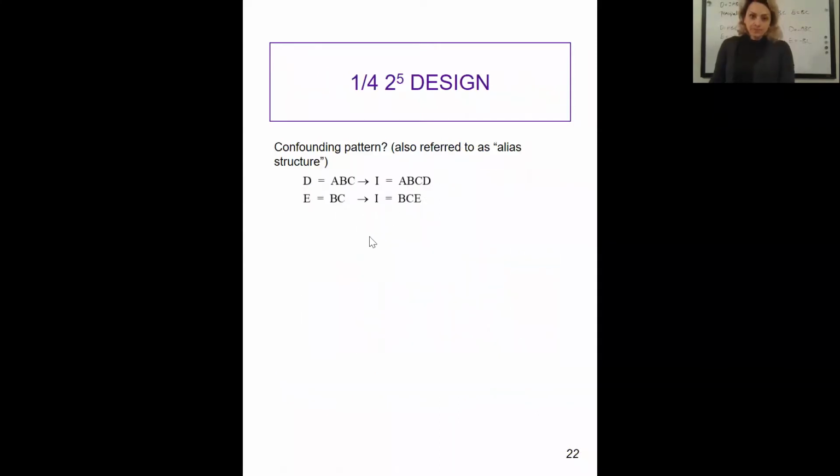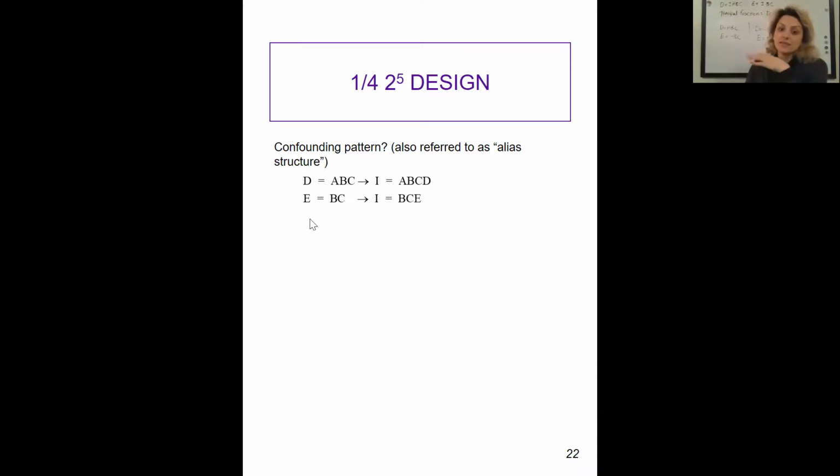So we want to find out the confounding pattern, also referred to as alias structure. We use the same rule as before: D is equal to ABC, and we multiply both sides by D, so I is equal to ABCD.